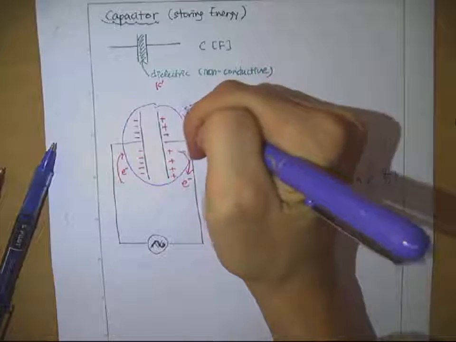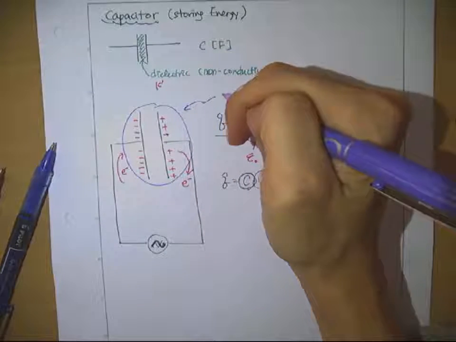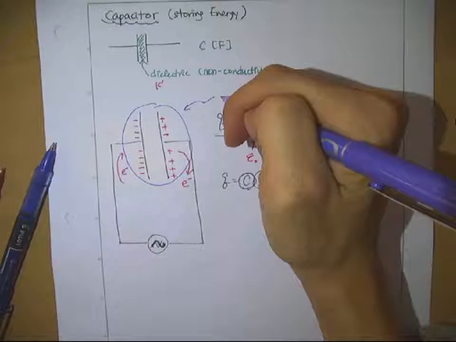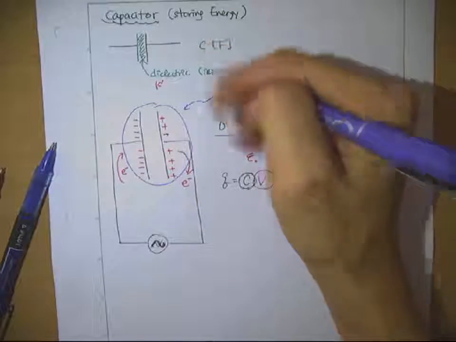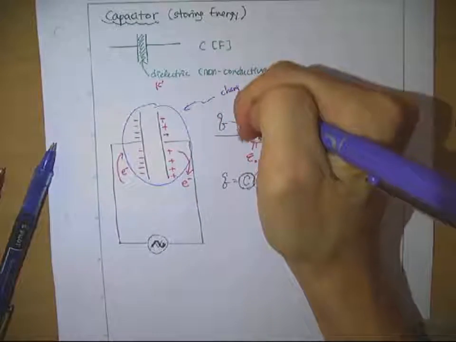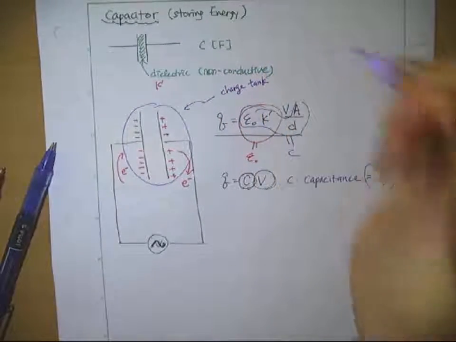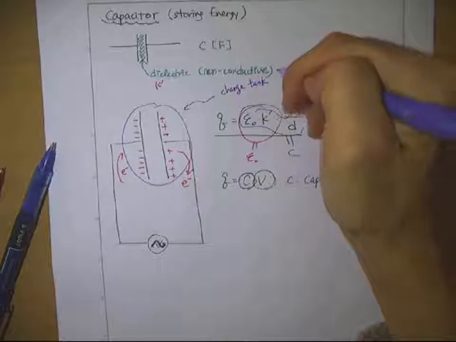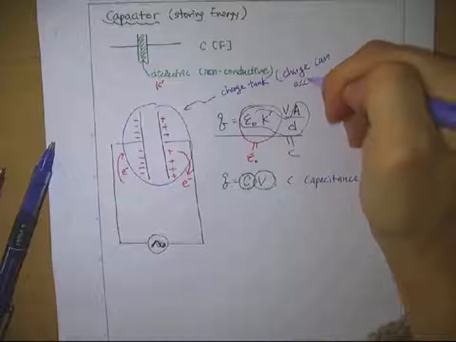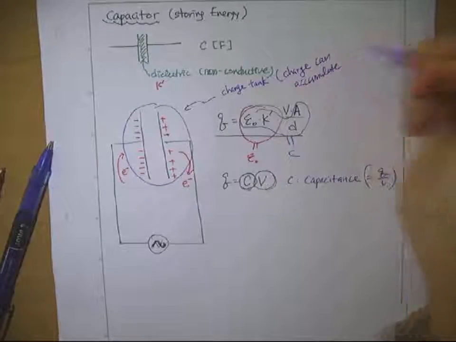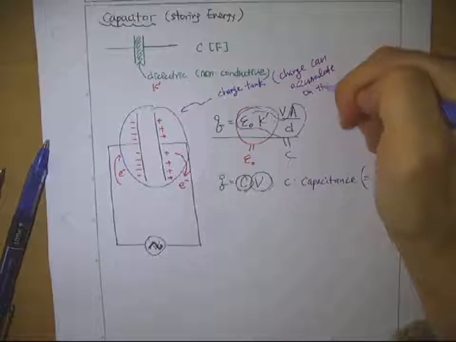This is kind of a reservoir or a tank. When you think about water flow, this is the same as a water tank. So we can think of a charge tank or a charge reservoir. So charge can accumulate on the electrode.